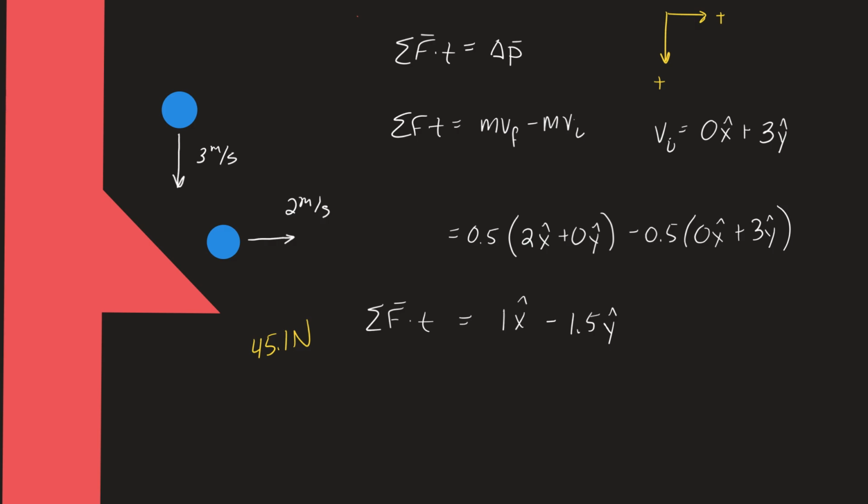Moreover, this says that the change in momentum has a component in the x direction and a component in the negative y direction. This is 1.5 kilograms meters per second, and this is 1 kilograms meters per second. They're just vectors.